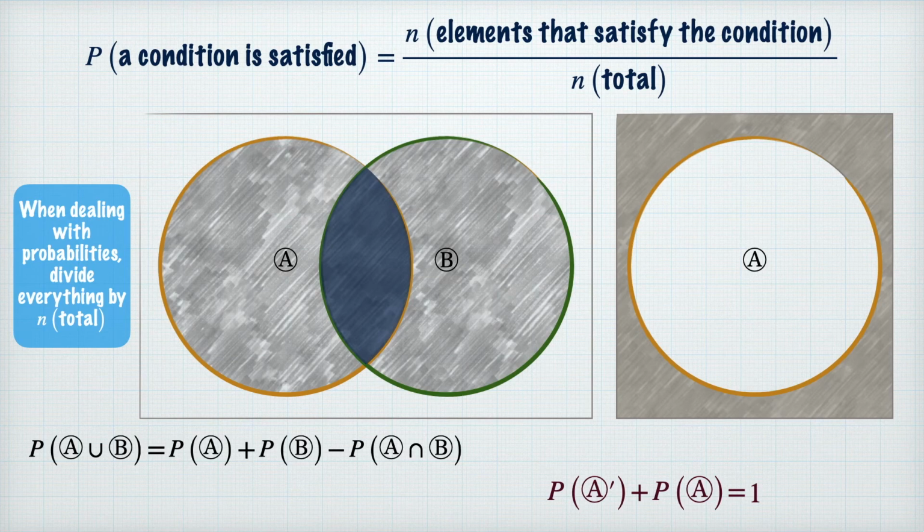Probability of A union B is equal to probability of A plus probability of B minus probability of A intersection B, and probability of not A, or A complement, plus probability of A is equal to 1. And that pretty much wraps up this quick discussion of sets and logic.